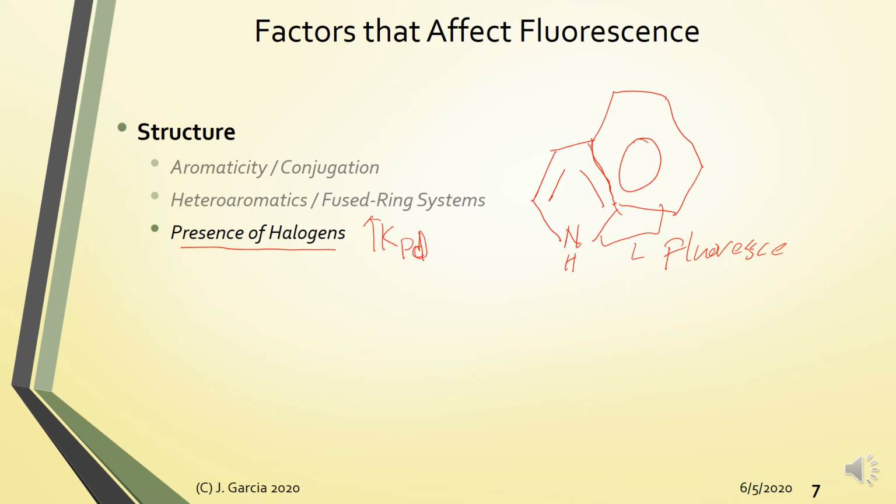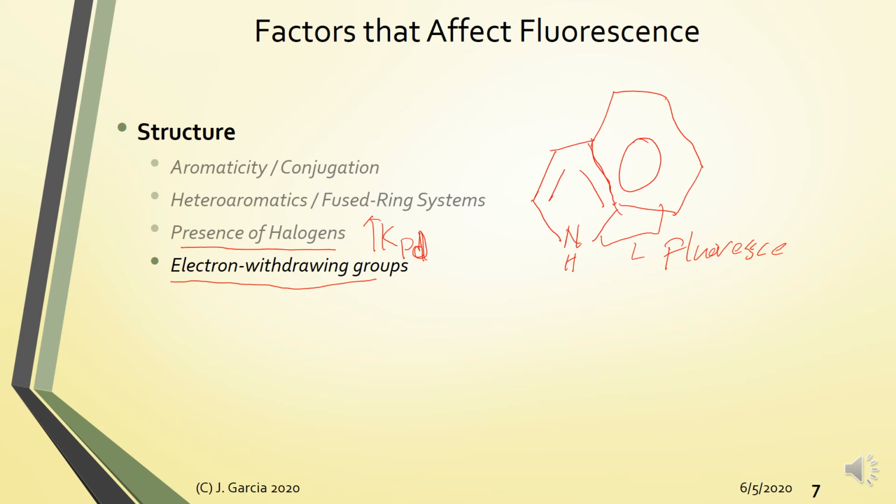Alright, so it usually reduces the capacity of a molecule to undergo fluorescence. And also electron withdrawing groups, the presence of electron withdrawing groups on aromatic ring systems again reduces the capacity of the molecule to undergo fluorescence. So these are the things that you need to look at in the structure.